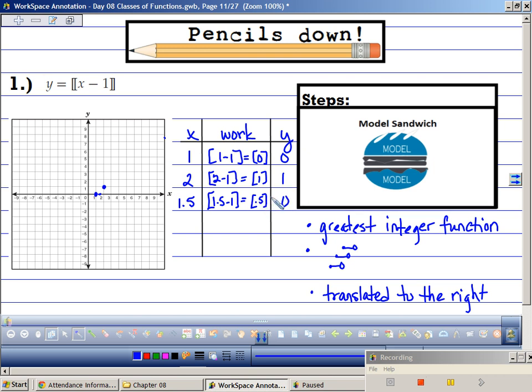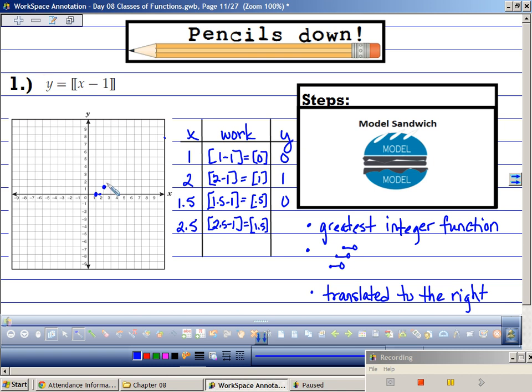It didn't get quite up to 1. Remember that? A little bit? It didn't get quite up to 1, so the answer is 0. Let's try 2.5. What happens with 2.5? 2.5 minus 1 is 1.5. So I go over to 2.5 and I go up to 1.5.